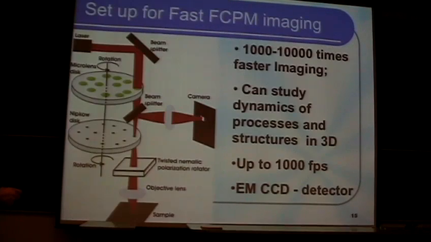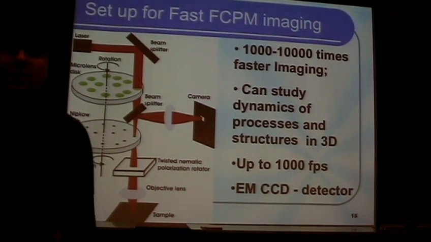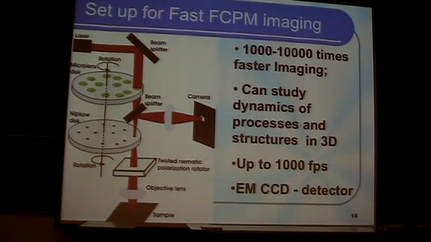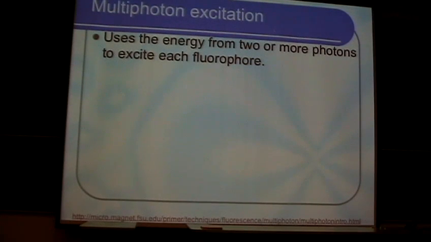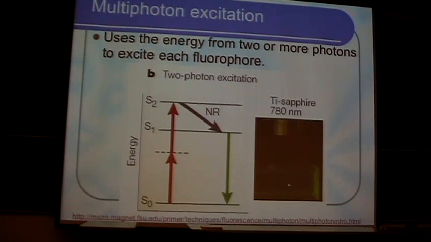As I mentioned before, the other approach that also allows for three-dimensional optical resolution in imaging in 3D is the multi-photon excitation microscopy, and in particular the two-photon fluorescence microscopy. In this process, one uses the energy from two or more photons in order to excite each dye molecule. And the Jablonski diagram for this case is shown in here.